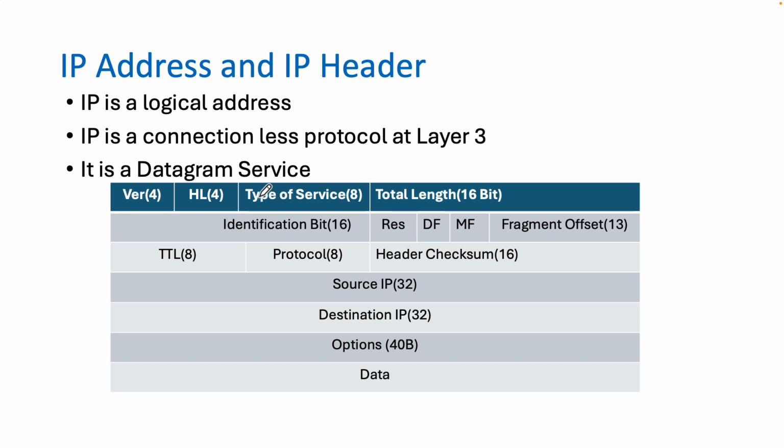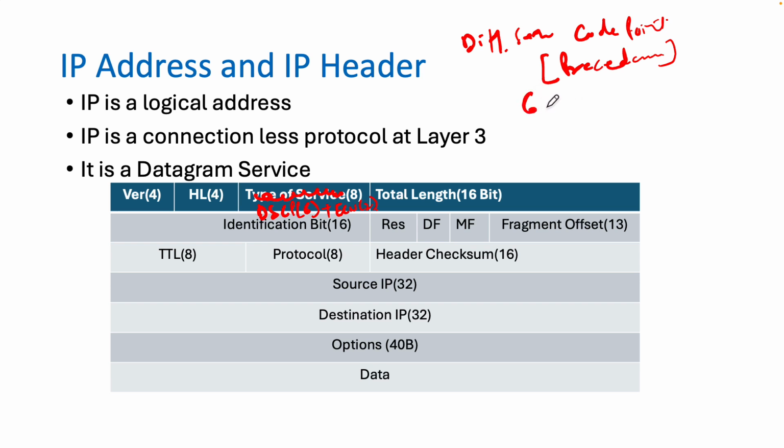So for IPv4, it will be DSCP, which will use 6 bits, plus ECN, which will use 2 bits. So what is this DSCP? Full form is differentiated services code point. Again, the purpose is the same. It is for giving precedence, that is priority, but it will use 6 bits. All right, for precedence, priority.